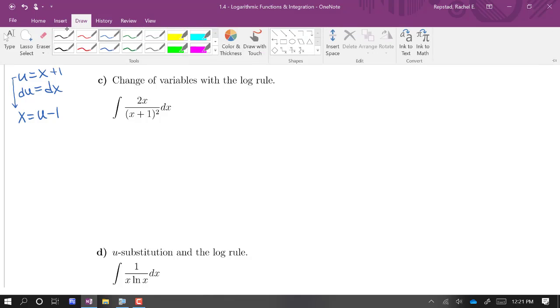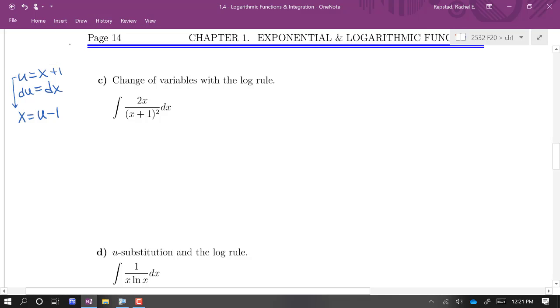And that's helpful to keep in mind when you're making substitutions. Sometimes it can help to get an expression for x to plug in if the u substitution doesn't jump out entirely, if how everything substitutes is not obvious. This can be a helpful step here. So I'm going to use that now.